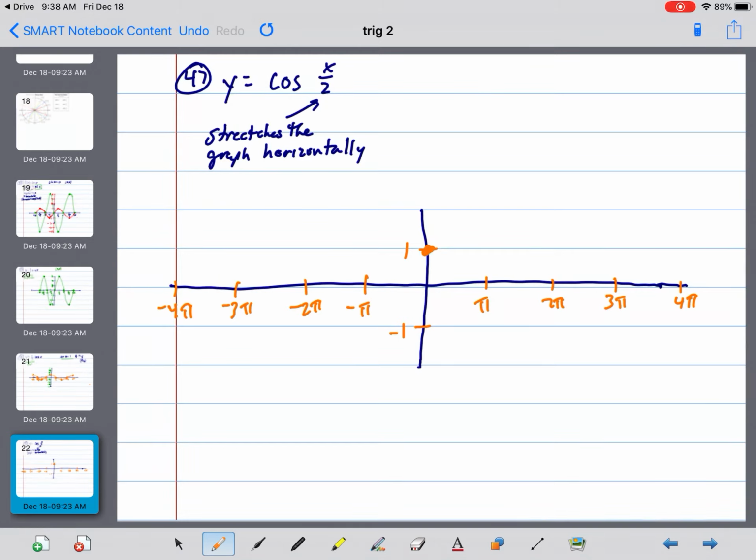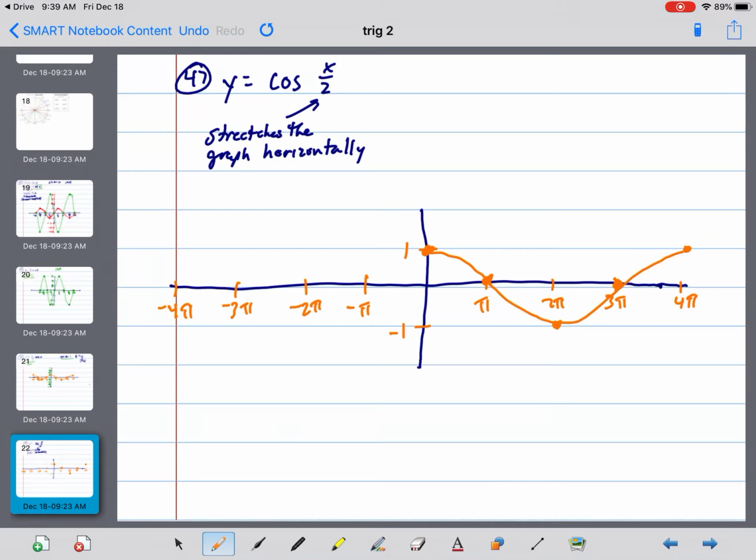Now it is cosine, so at 0, it is going to be up here at 1, okay? But at pi, and usually cosine at pi is at -1, but here at pi, it's just going to be 0. And then at 2pi, it's going to be at -1, and then at 3pi, it's going to be 0, and then at 4pi, it's going to be +1.